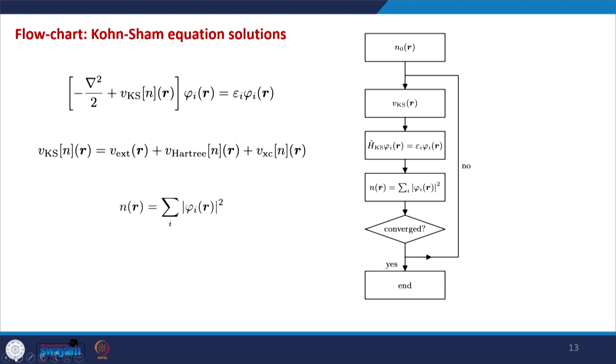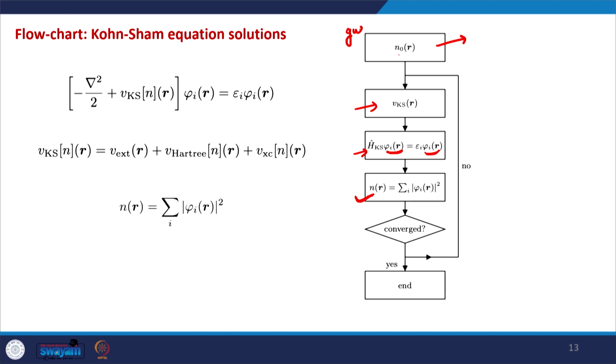use the self-consistent approach. So what we do is we make an initial guess of the electron density. From this electron density we calculate the Kohn-Sham potential functional. From this we calculate these phi orbitals. From these orbitals we again calculate the electron density function, and we compare this with the initial guess.